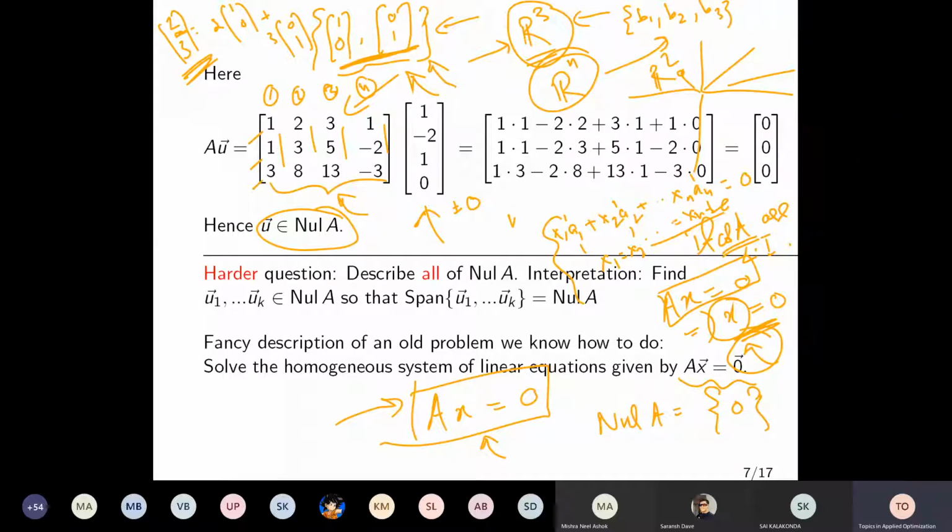Similarly, in R3, I need to express 3 degrees of freedom, so I need (1, 0, 0), (0, 1, 0), and (0, 0, 1). Again, I'm using the canonical basis, but it can be any 3 linearly independent vectors, as long as they make some angle. I can express any vector.